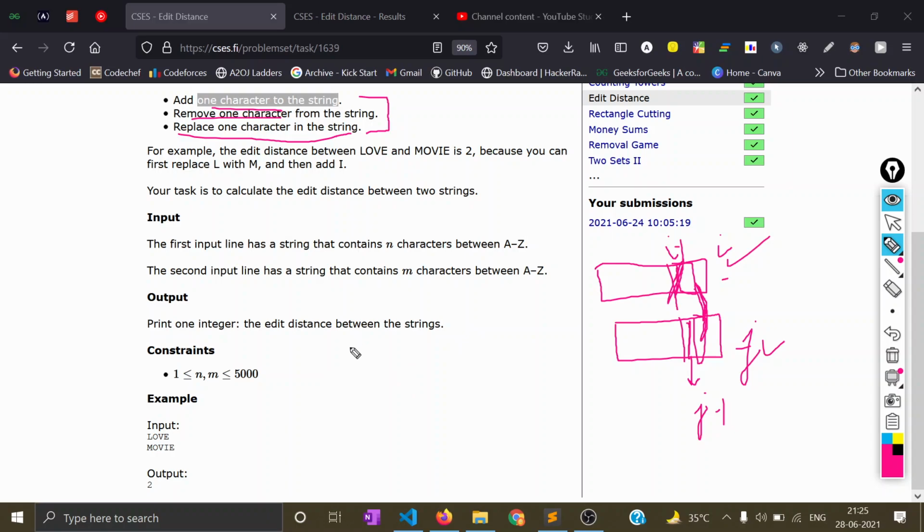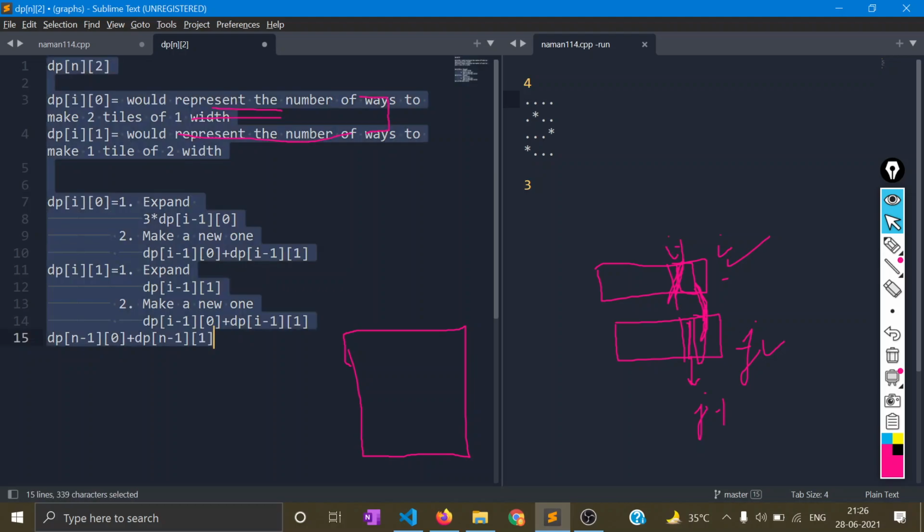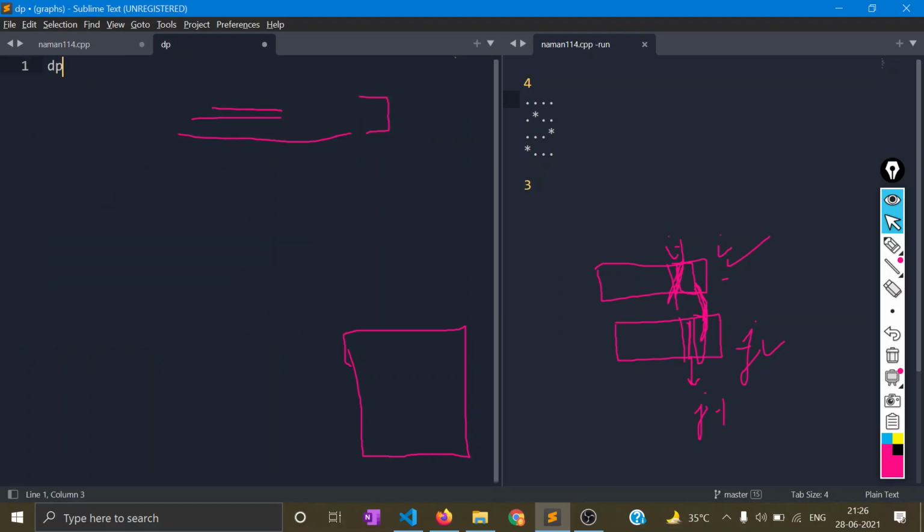Here is the trick. If you have seen LCS, you know that a table is formed of size n cross m, where n is the size of the first string and m is the size of the second string. So let's jump to Sublime.